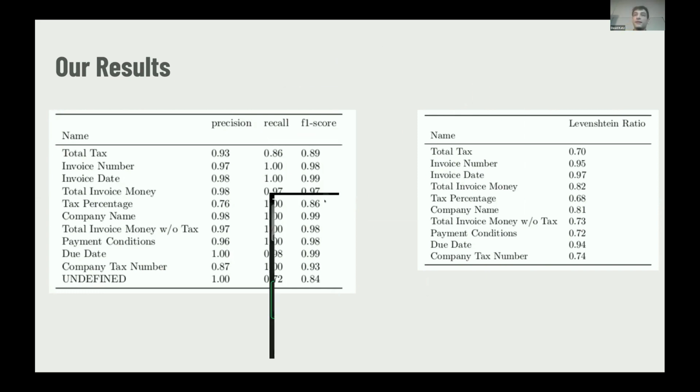Next, an analysis of the Levenshtein ratio shows us that some information is extracted with high degrees of accuracy and certainty, but some of them contain problematic issues that can be related to either the misclassification of some tokens that should be part of the final target entity that needs to be extracted, or other non-trivial interactions between the prediction of tokens and the merging of the boxes. As we can observe, our worst field was the tax percentage, and we understand that this has to do mostly with the confusion of number and percent signs when extracting this target entity.